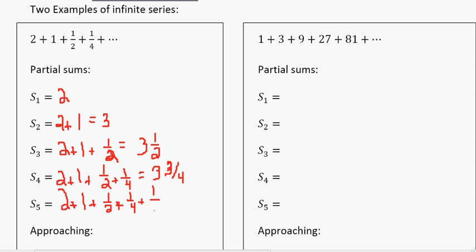Okay, and if we were to add that up, it's basically taking 3 3/4 and adding 1/8. So it would be 3 7/8.